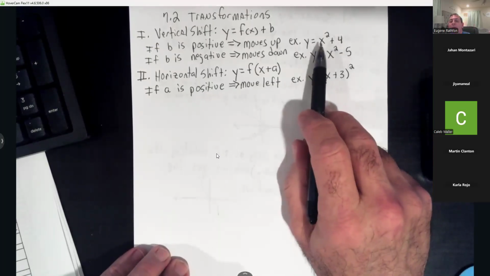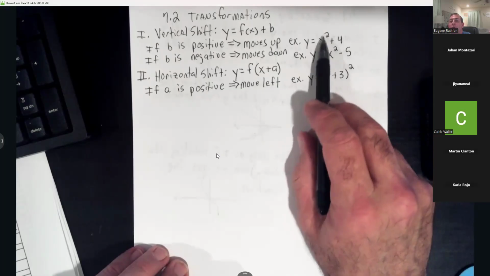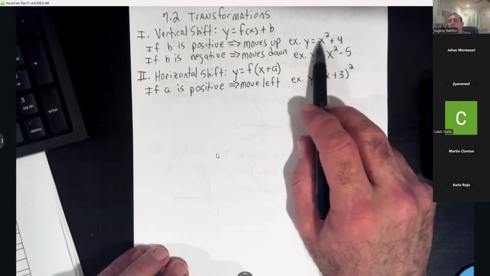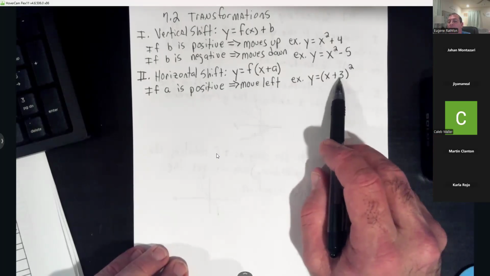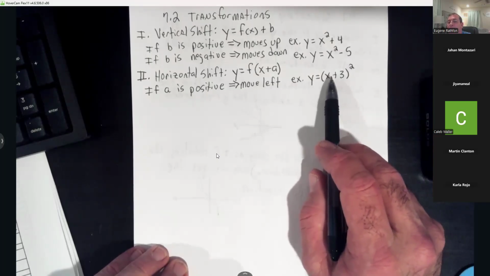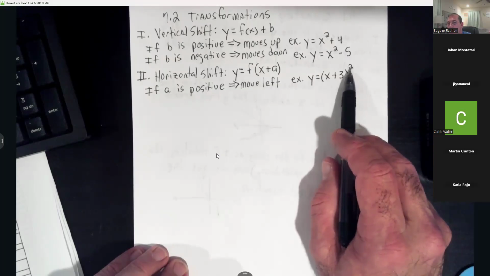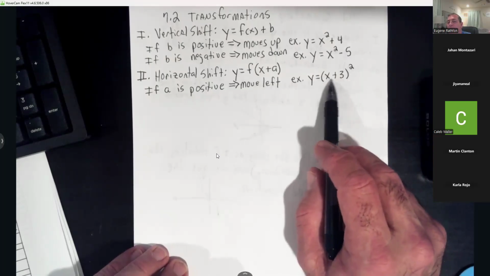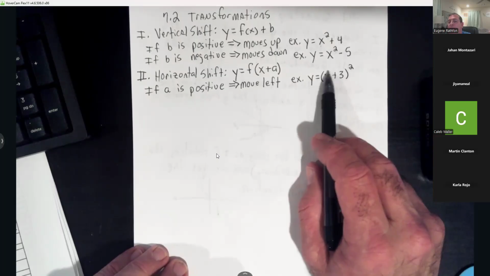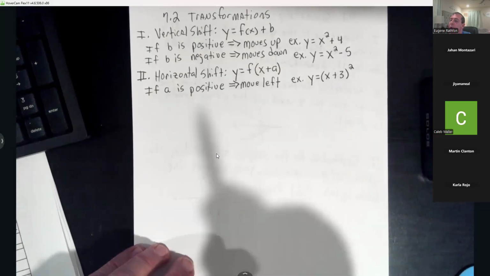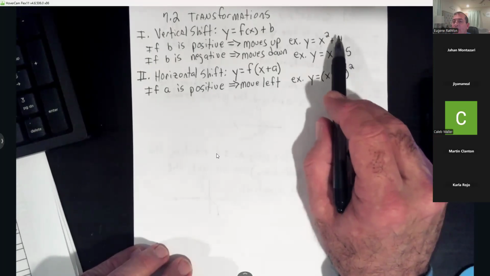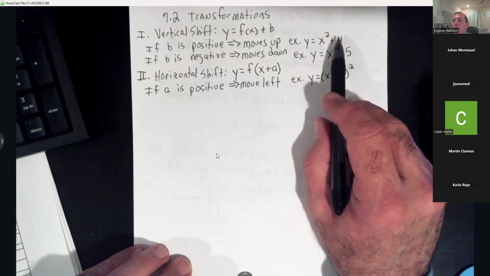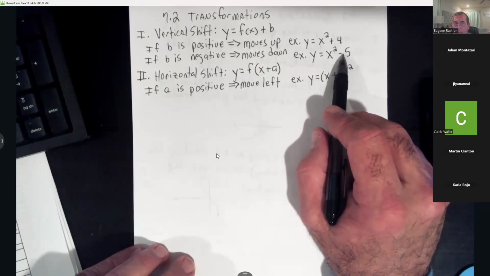So look up here. To move up or down, you did the squaring part first, and then you added the number. Here, you're adding the number to the x before you square it, okay? So if the number is inside the parentheses, you're going to go left or right. If the number is outside and there's no parentheses, then you're going to go up or down, okay?